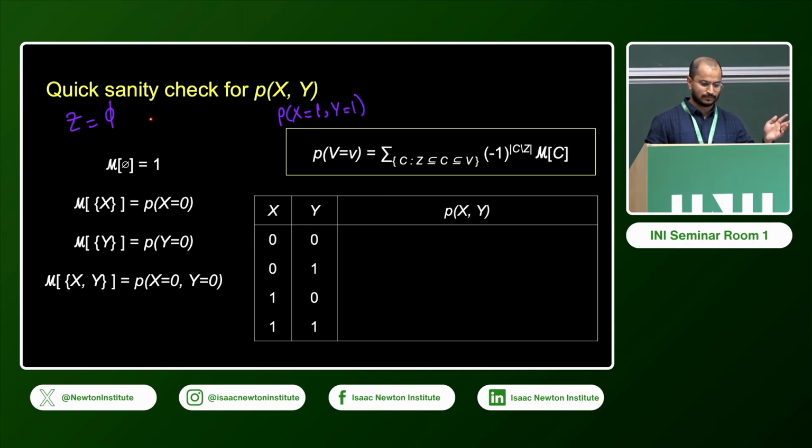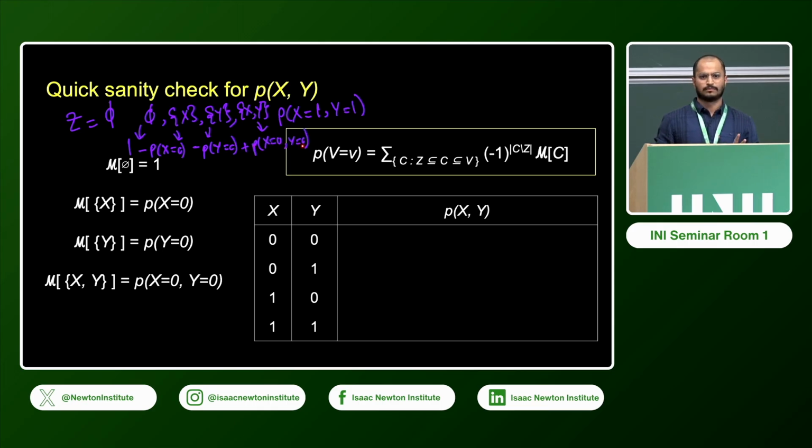So the supersets of this are the empty set, just x, just y, and x and y. And so if I apply the Mobius inversion formula, the empty set gives me a 1, and then I get these two singletons, so that's minus P of x equals 0, minus P of y equals 0, and then a plus P of x equals 0, y equals 0.